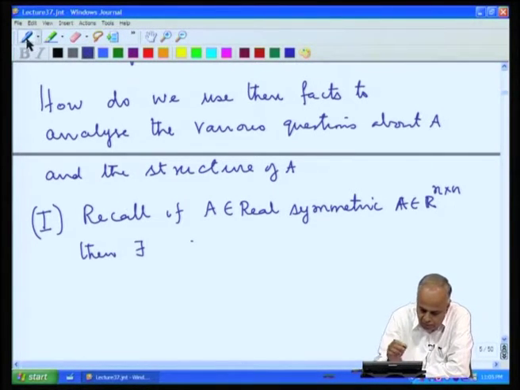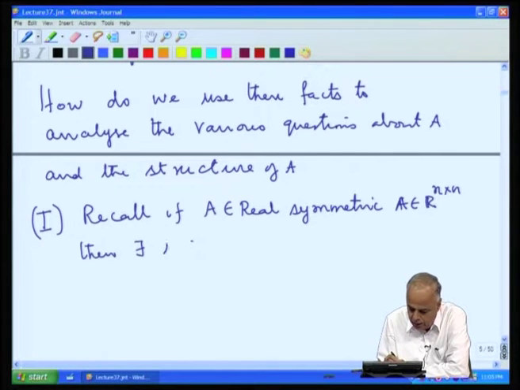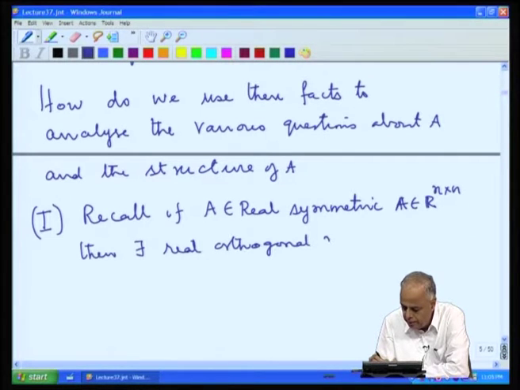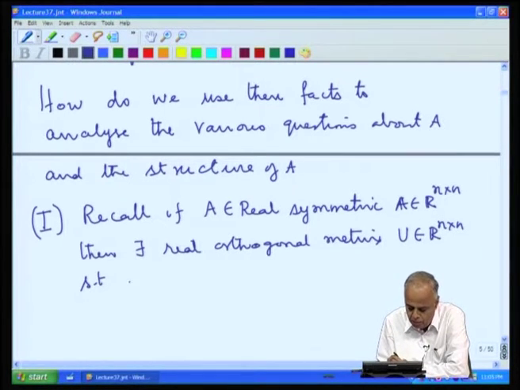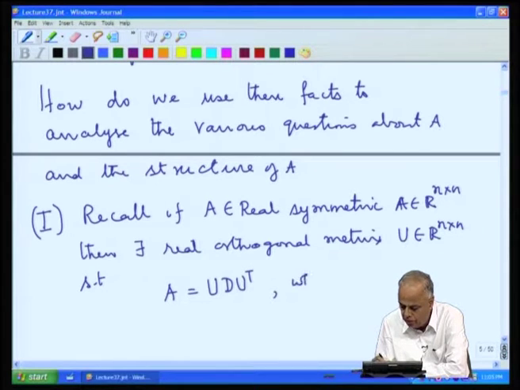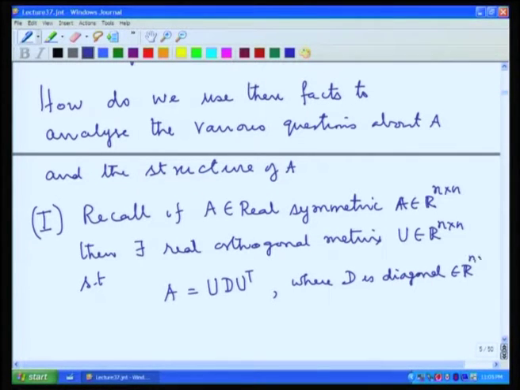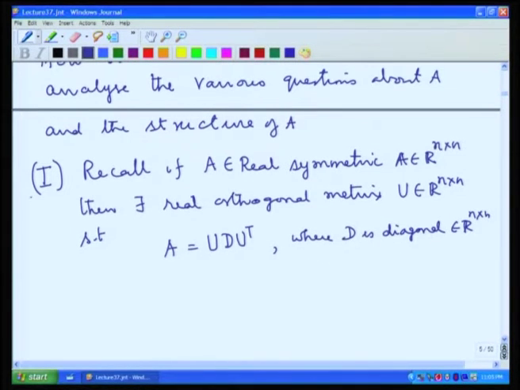Let us restrict ourselves to the real case, a real orthogonal matrix U belonging to R^{n×n}, such that we could write A as the product of U, a diagonal matrix D, and U transpose, where D is diagonal. This was the result we had for a real symmetric matrix.